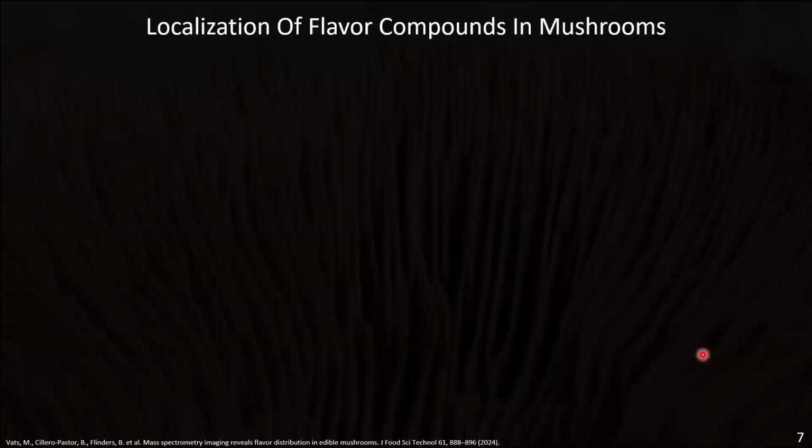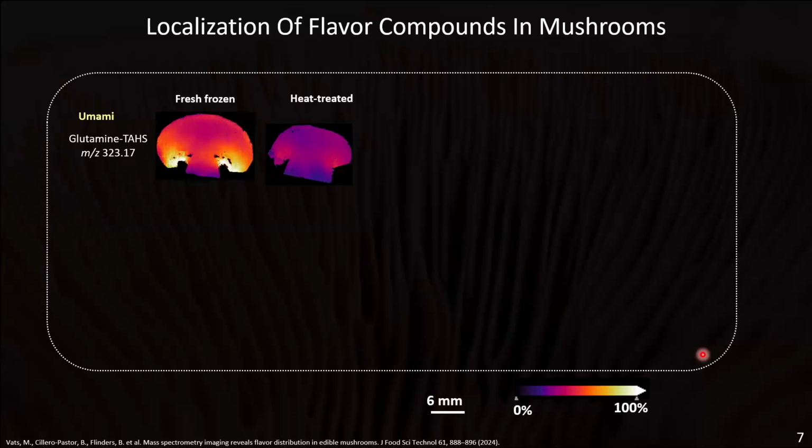So some of the results, although I have many other taste molecules that I detected, but a few of them I'm showing here today. So glutamine is one of the umami tasting compounds, and you see in the fresh frozen mushroom, here, according to the intensity scale, the yellow or white color means higher intensity.